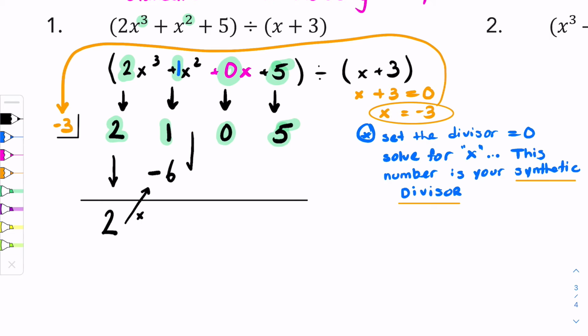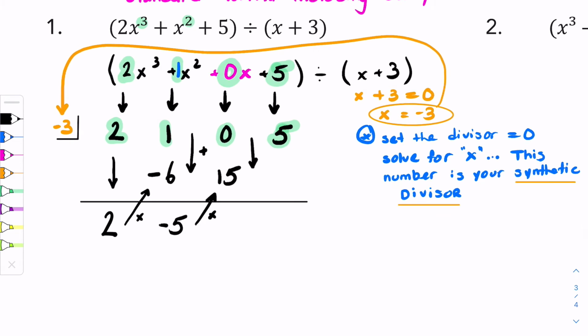Then you add inside. 1 plus negative 6 gives you negative 5. Negative 5 times negative 3 gives you positive 15. We just multiplied. 0 plus 15 gives you 15. Negative 3 times 15 gives you negative 45.